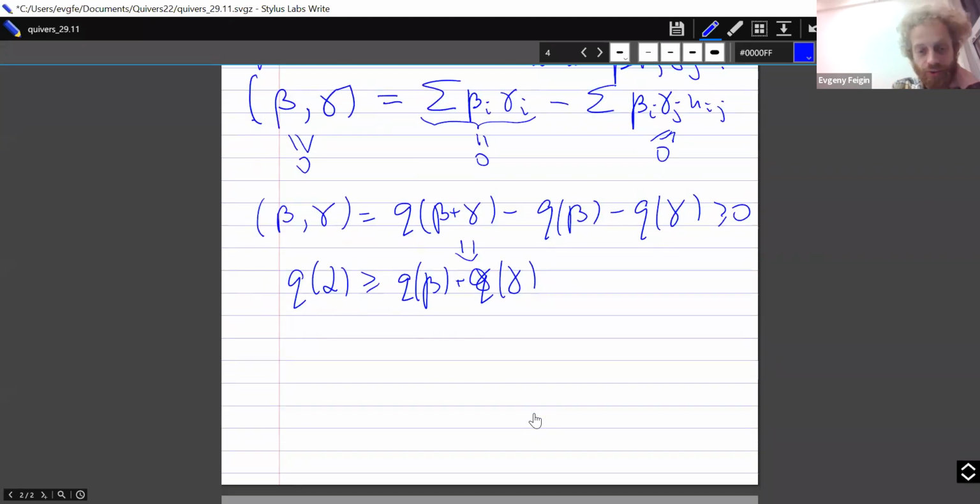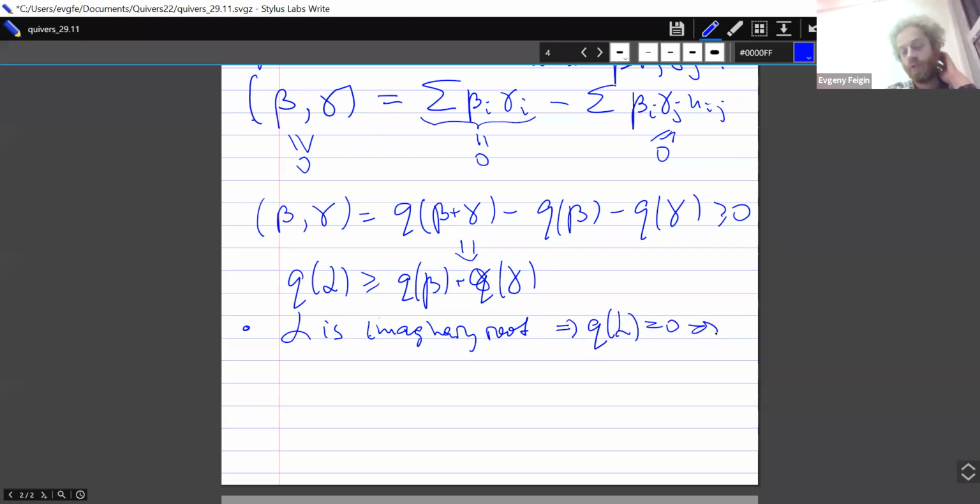So now let's consider two cases. The first case is that alpha is an imaginary root. Then we know that Q of alpha is 0. And therefore, what can we say about Q of beta and Q of gamma?